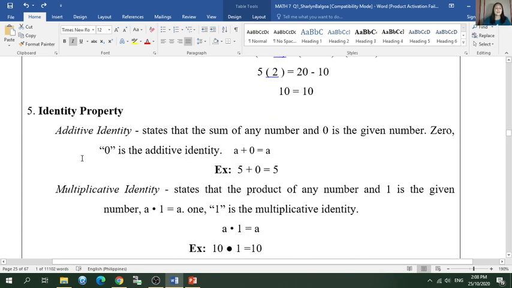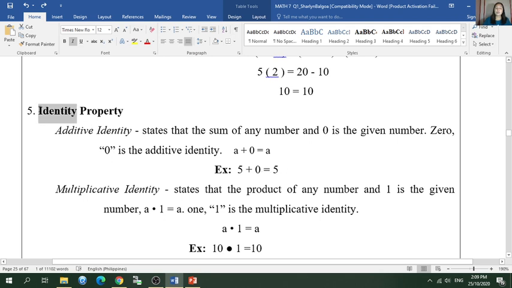For the identity property, okay, it states that the sum of any number and 0 is the given number. 0 is the additive identity. So any number added by 0, that is equal to any number. So that's what makes identity.